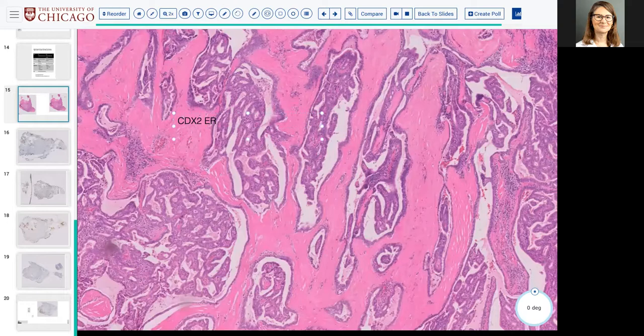Tall cell is generally positive for TTF1 and PAX8, so you might want to do those to prove it's of thyroid origin. Tall cell also generally has BRAF, so let's do TTF1, PAX8 and BRAF.